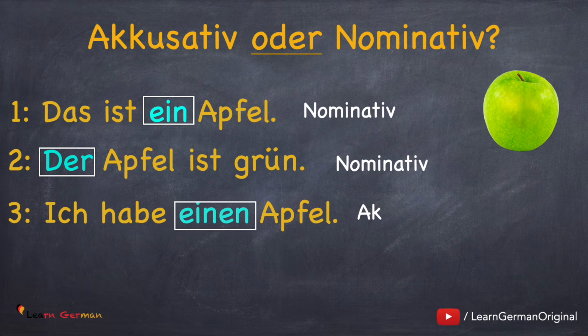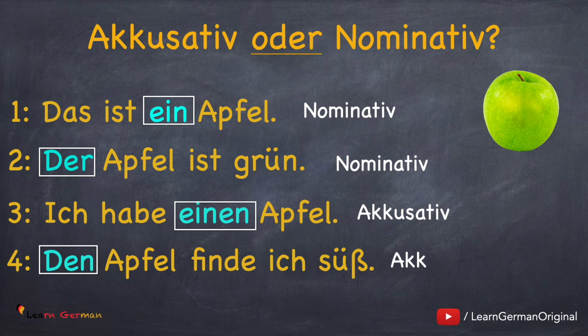In the third sentence, ich habe einen Apfel. The subject is not the apple, but ich. Hence, apple is the object. Since it is masculine and also the object, the article ein changes to einen. Also in case of definite articles, der changes to den. Den Apfel finde ich süß.